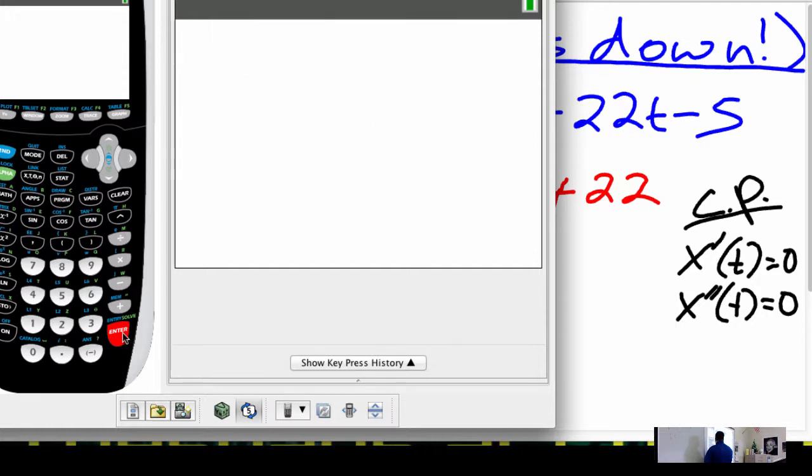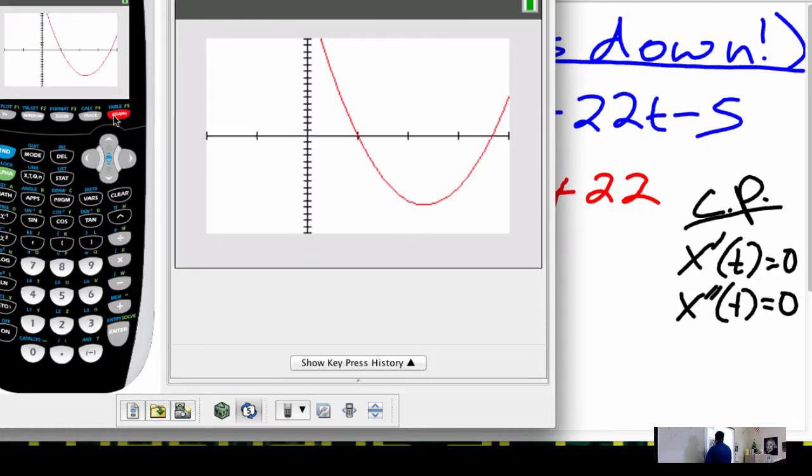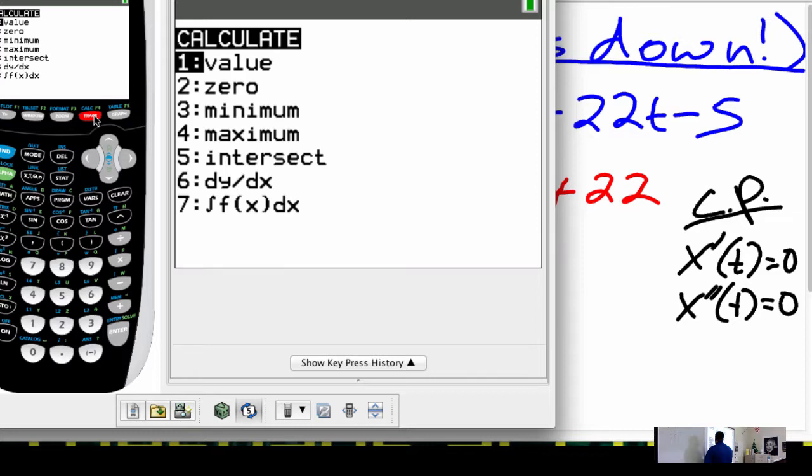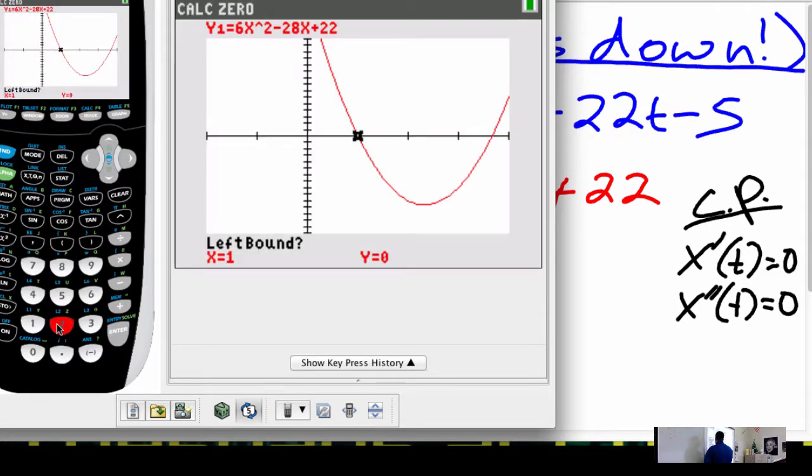I hit the button too quick. Let's do it again. Second trace, 2. And I'm going to go a little bit to the left, a little bit to the right, somewhere in the middle. One of my zeros is x equals 1, right? When x equals 1 on x prime, then I get a y value of 0, right?